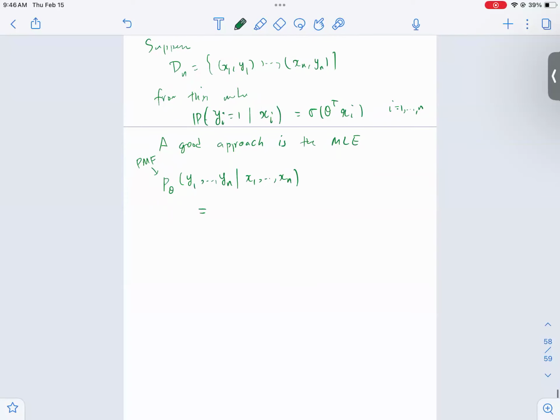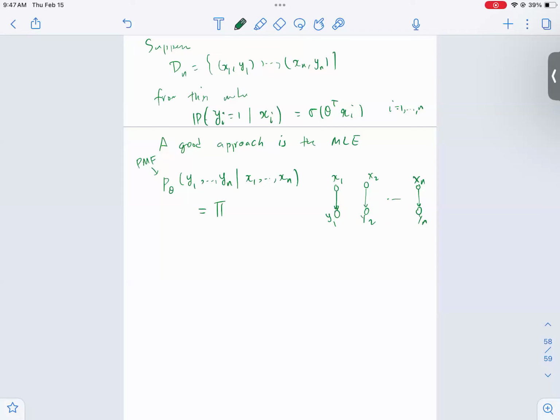The graphical model is that x1 gives me y1, x2 gives me y2. So they're independent. There's no connection between these two. Once I condition on the x's, the yi's are still independent, and they have a distribution that we know. So how can I write this?